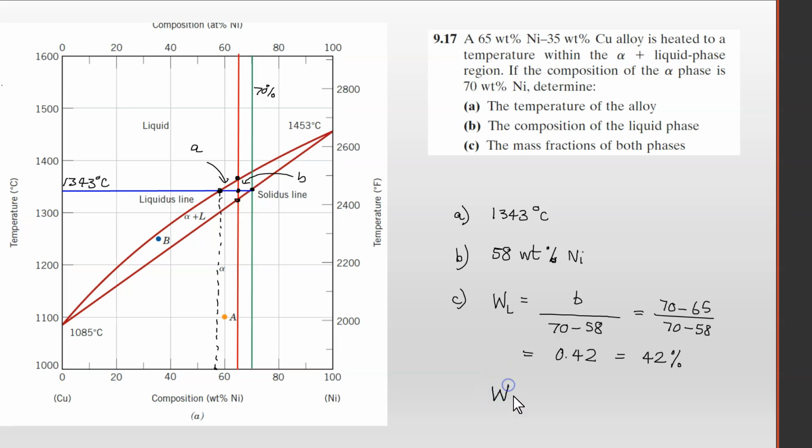Now, the mass fraction of the other phase, which is alpha, is going to equal 100% minus 42. Or we can reapply the equation. This would be the length A divided by the total length of the tie line, which goes from 70 down to 58. The length of A is going to be the average composition here, 65 minus 58, over 70 minus 58.